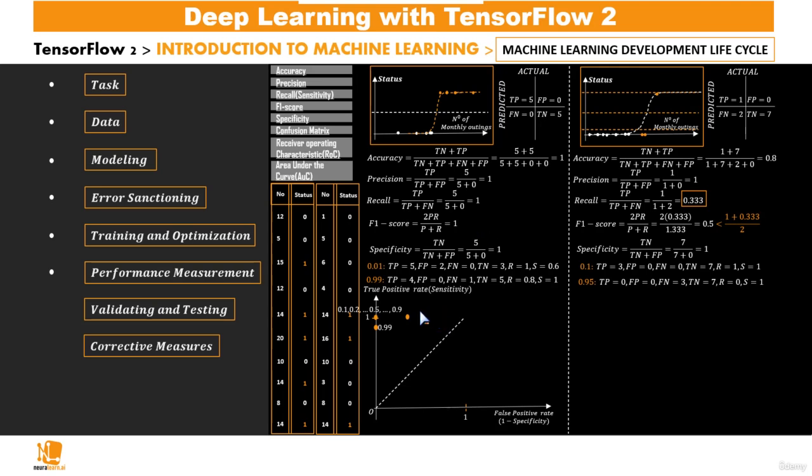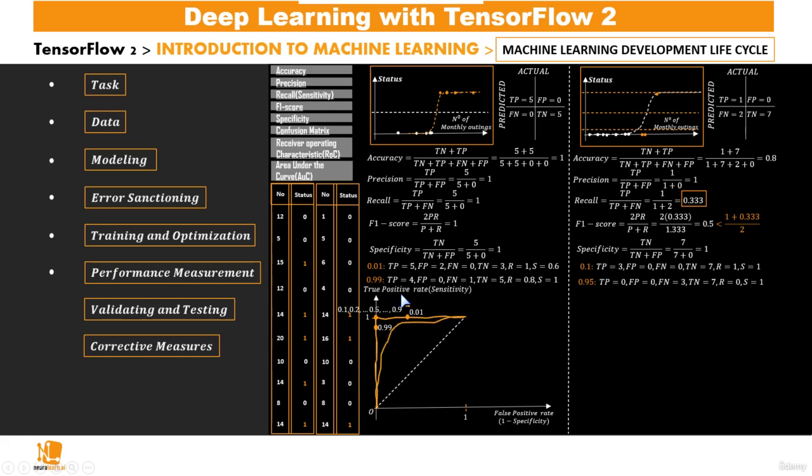Then when we have our threshold at 0.01, as we had seen, the recall equals 1, the specificity equals 0.6, hence 1 minus specificity equals 0.4. So that's where we are at this point. And then we could link all these different points to form what we call the receiver operating characteristic curve, or the ROC.